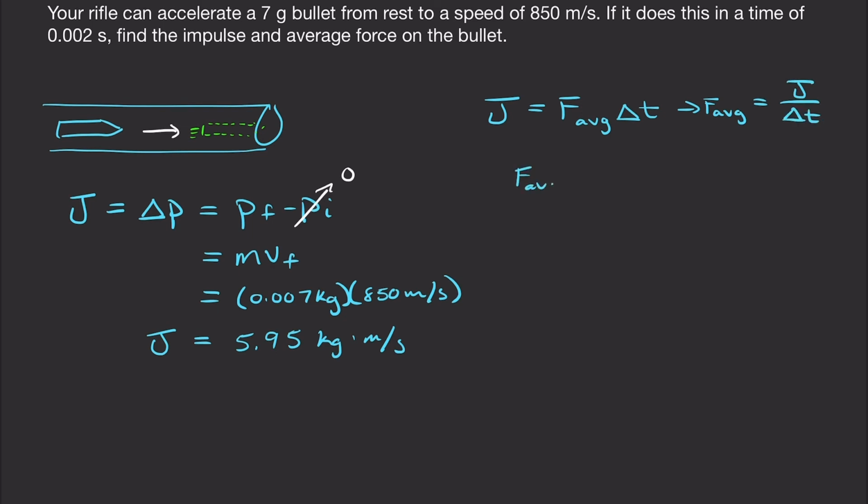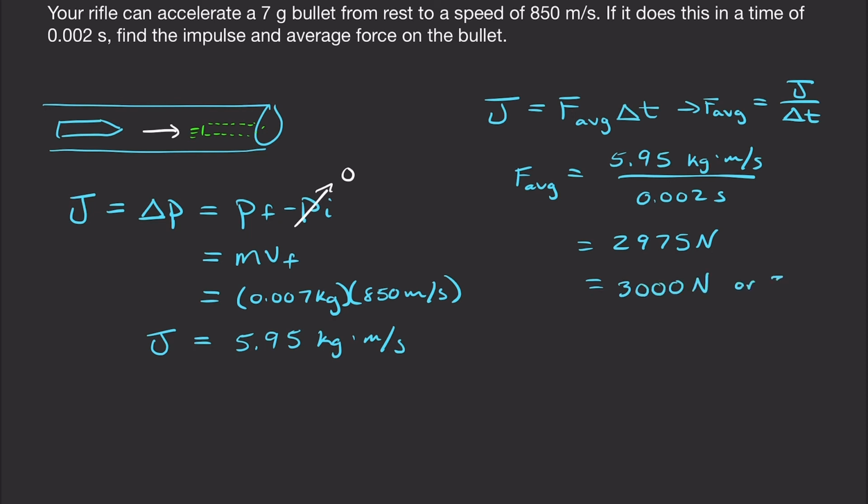So F average will be our impulse that we just found, 5.95 kilogram meters per second, all over the time interval of 0.002 seconds, or 2,975 newtons, or roughly 3,000 newtons, or 3 kilonewtons.